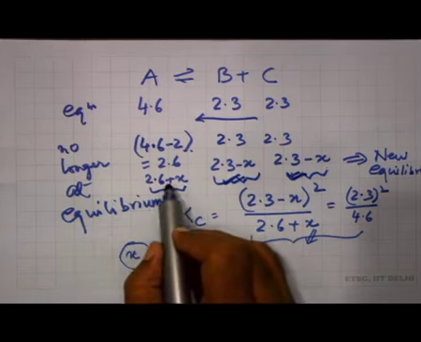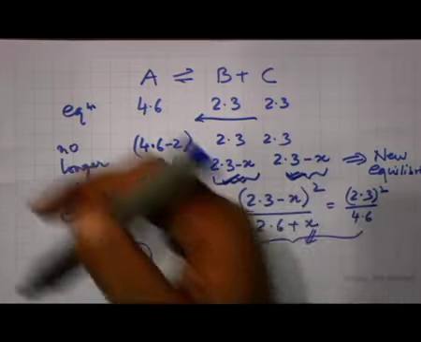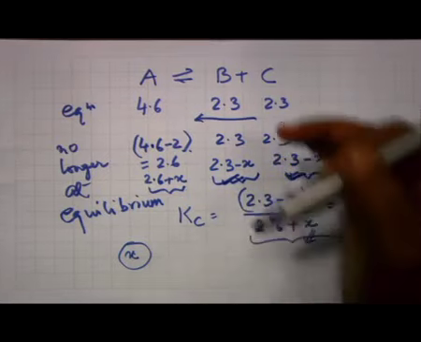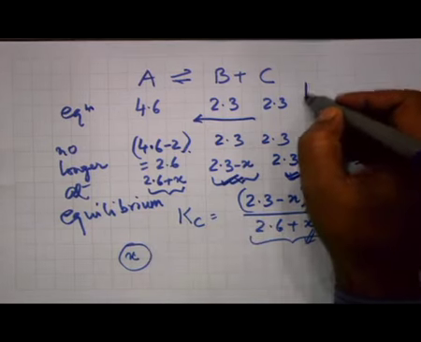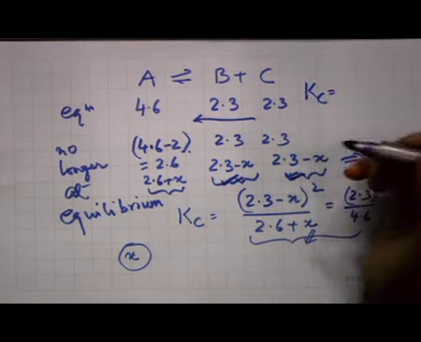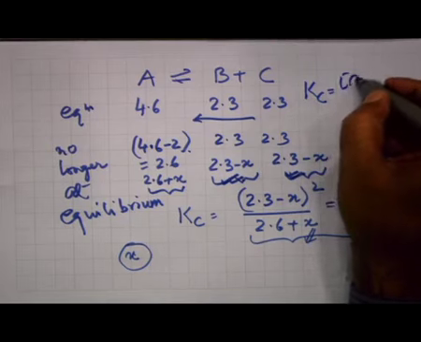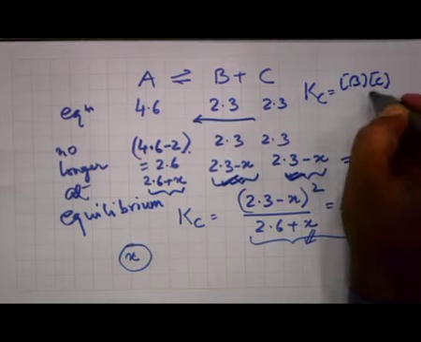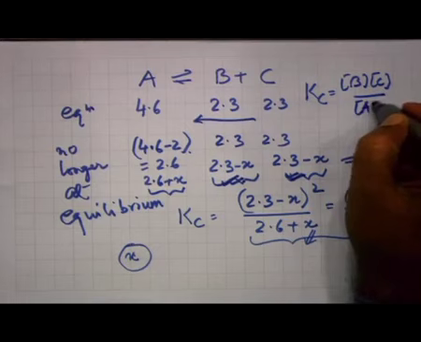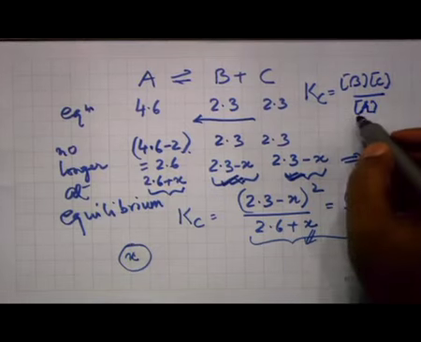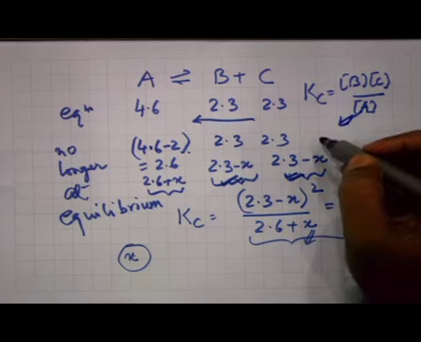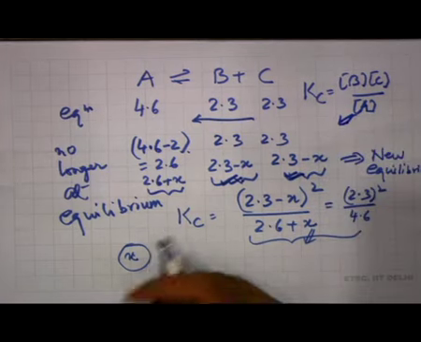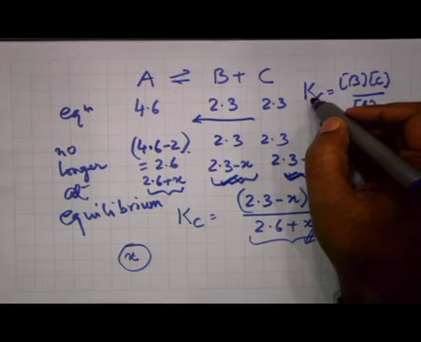Here I told that the reaction will go to your left hand side, or the reverse reaction will take place. How can you tell that? It is quite simple. Here we know that Kc is equal to B into C by A. What we are removing is this one, A. Kc is constant, you must remember Kc is constant.